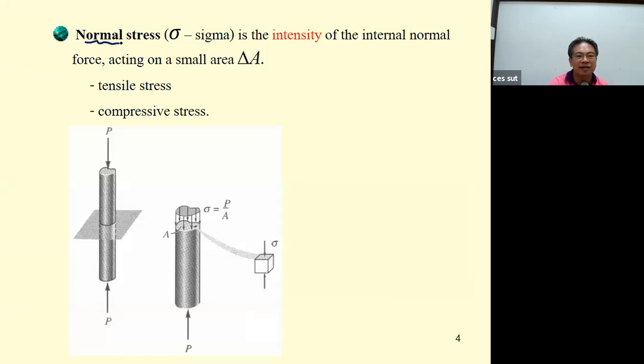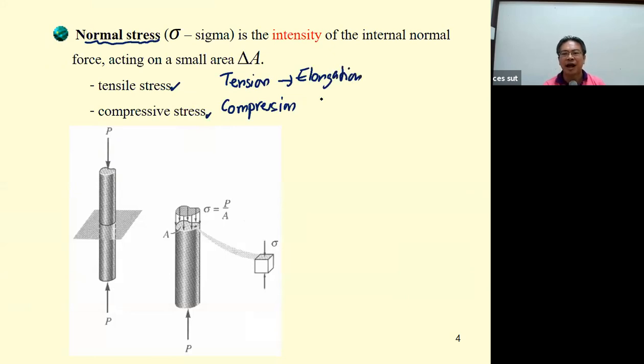The normal stress, as you may know, can be classified into tensile stress and compressive stress. Most of the time, the tensile stress causes tension, and the compressive stress causes compression. Tension causes elongation, and compression causes contraction.